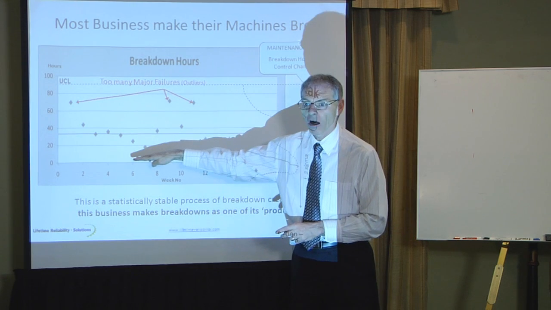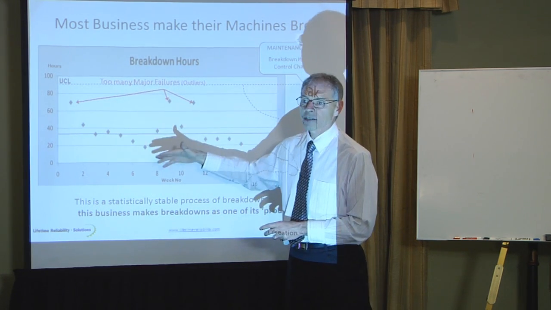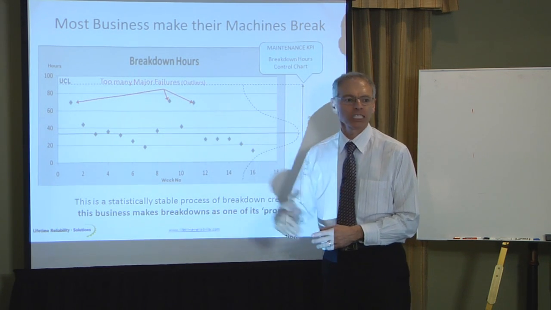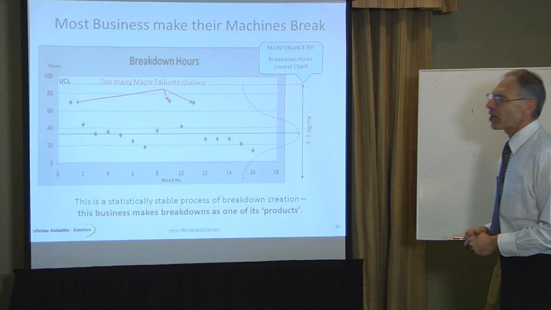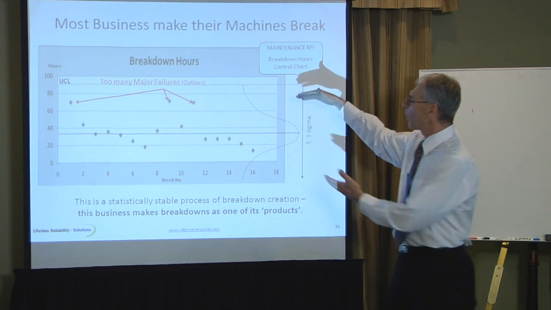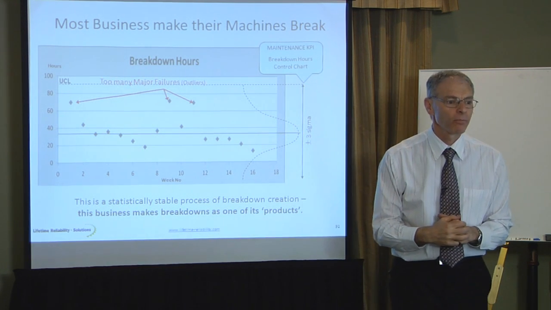To get down to 10, I've got to change the ways that I run the business. So the ways I now run the business in future produce 10 as an average, plus or minus 3 sigma. And so I've got to change the company, because the company is making its machines fail because it's got a stable process of defect creation, of breakdown creation.